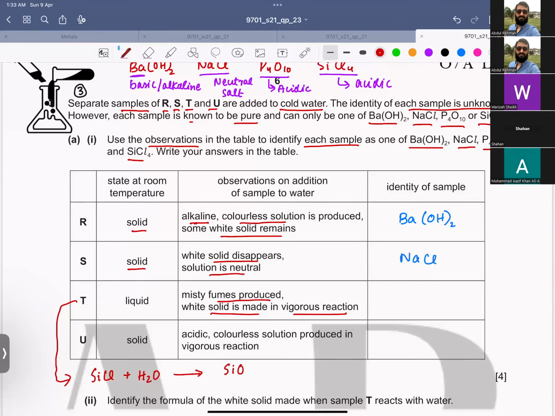One is SiO2, silicon dioxide, as it's a giant covalent, so it does not dissolve in water. So we would observe a white solid. And then after this white solid, we get HCl. This HCl also forms as a gas as well.